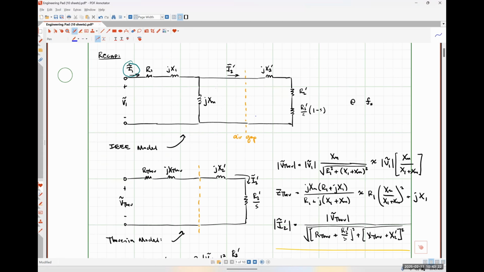The green was stator side and green JXM. I just want impedance. So that's the rotor. Is that the whole thing?